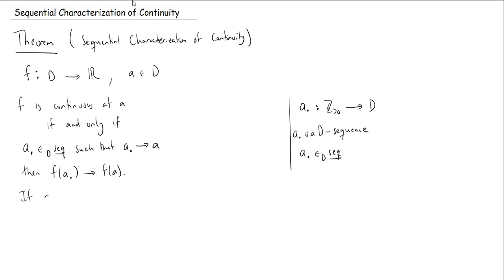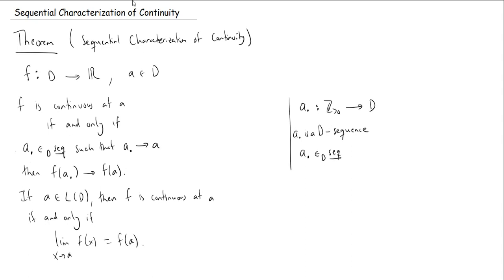If A is a limit point of D, which, by the way, even if it's in D, it doesn't have to be a limit point of D. So I'm assuming here that it's still in D, but if it's also a limit point of D, then f is continuous at A if and only if the limit as x approaches A of f of x is equal to f of A.